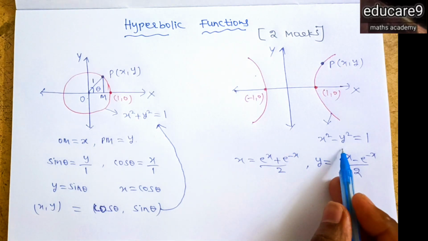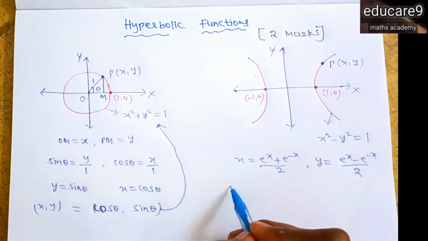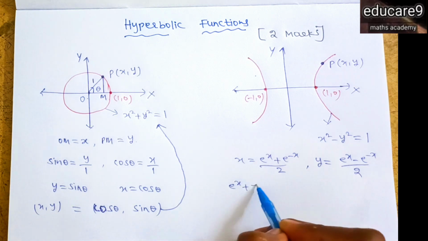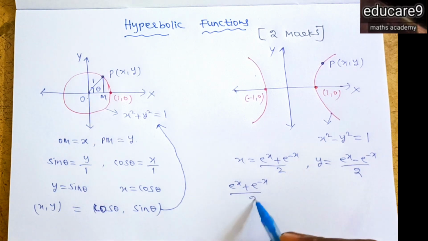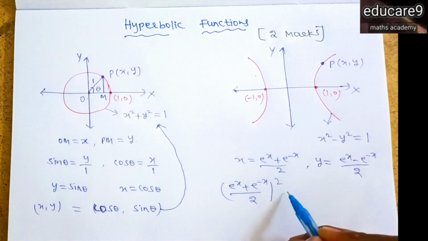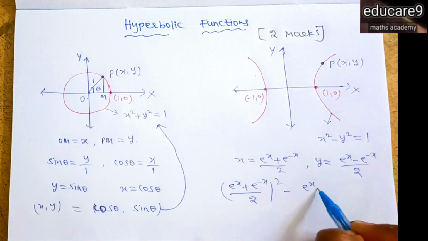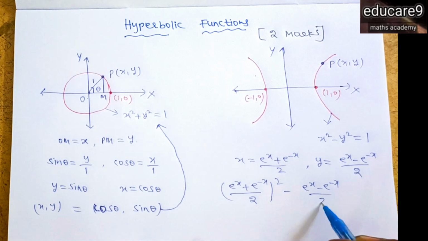Substitute this point in the hyperbola equation: ((e power x plus e power minus x) by 2) whole square minus ((e power x minus e power minus x) by 2) whole square.